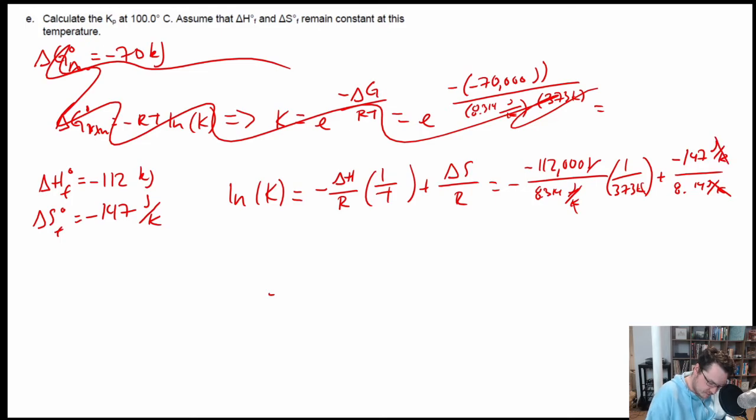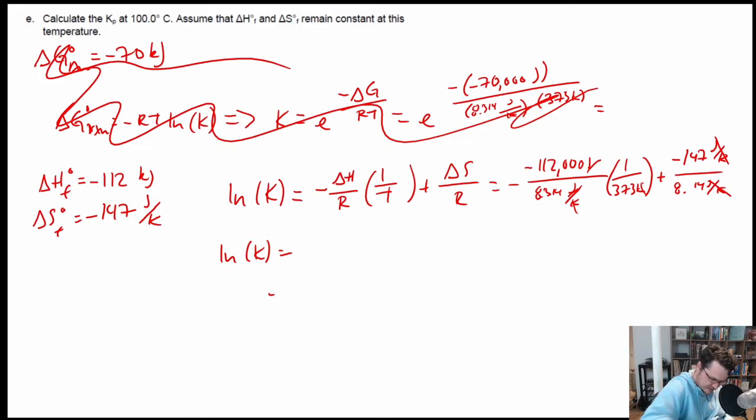So those still cancel out. The natural log of K is equal to negative 112,000 divided by 8.314 times 373.